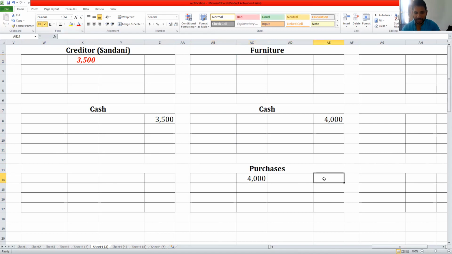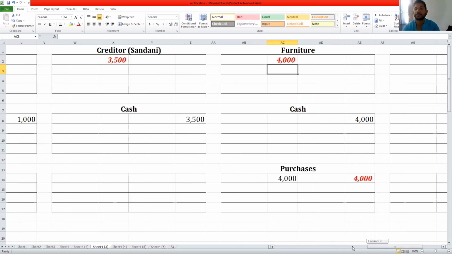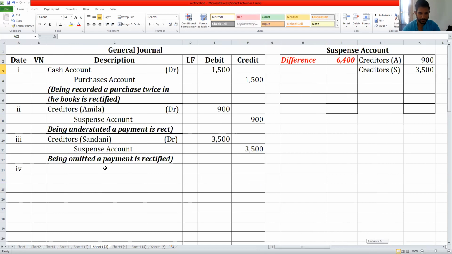First, credit the purchases account. Now that is correct. But however, to complete the double entry system, we need a debit entry for this 4,000. Use the furniture account. Double entry: furniture debit 4,000, purchases credit 4,000.